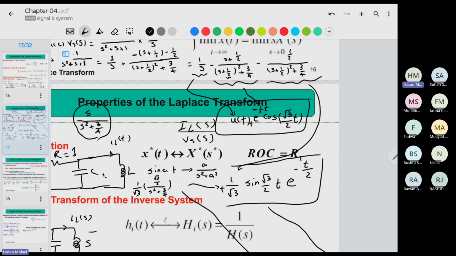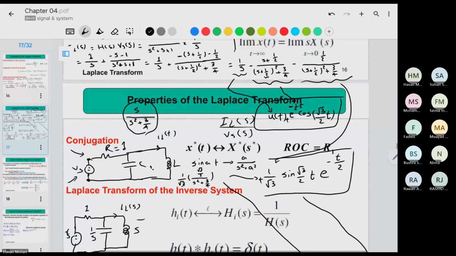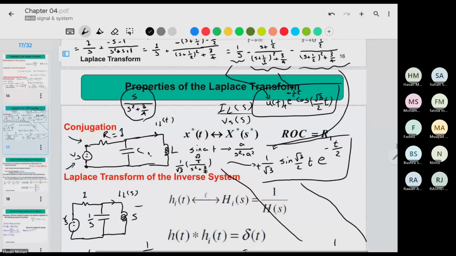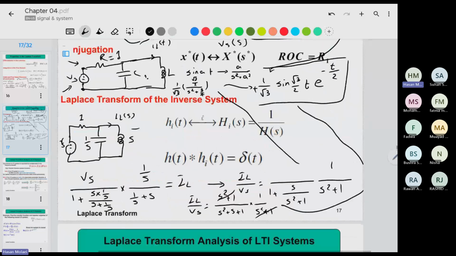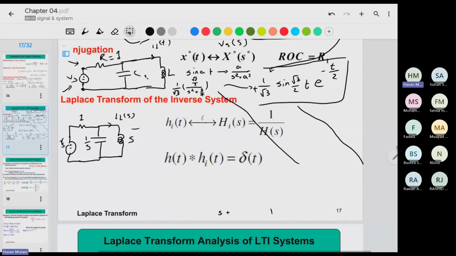This is the result. Do you remember from circuit theory what kind of damping is this? Let me write it clean here. Answer it.